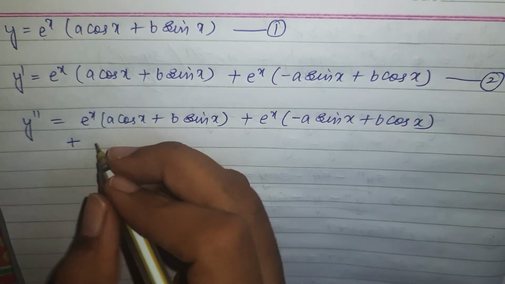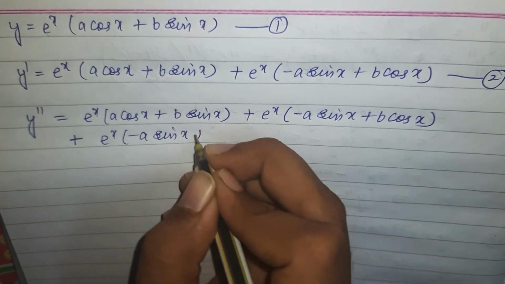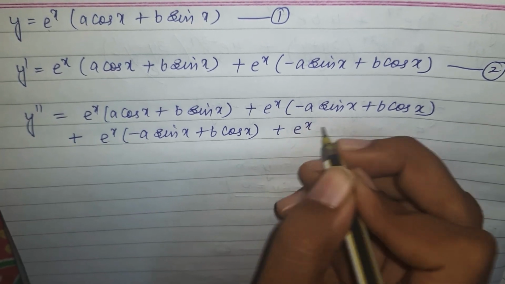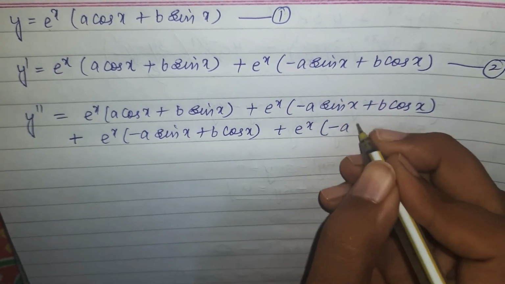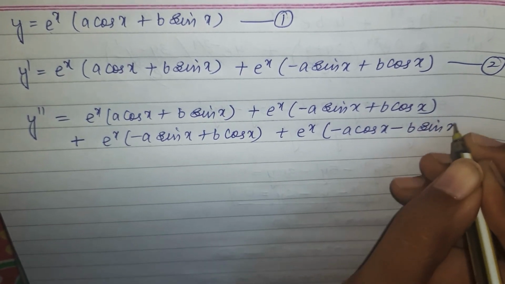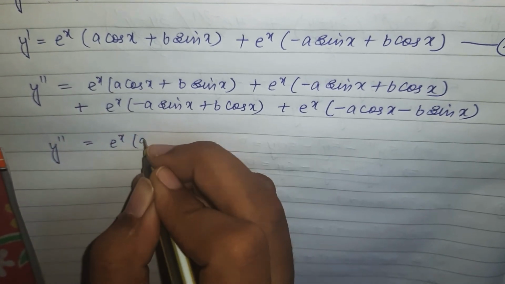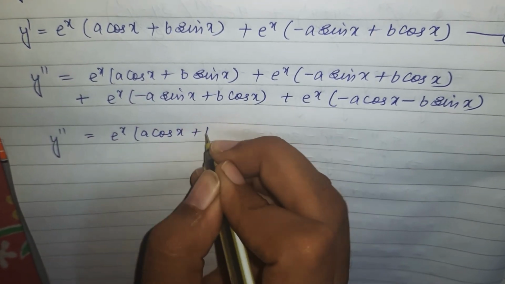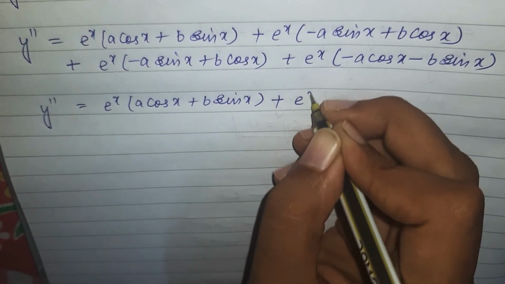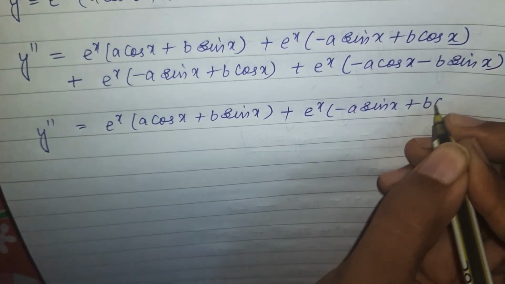Then plus, apply the product rule: e^x times a sin x plus b cos x, and plus e^x, this will become minus a cos x minus b sin x. So I am getting y double dash equals e^x(a cos x plus b sin x), plus e^x(minus a sin x plus b cos x).